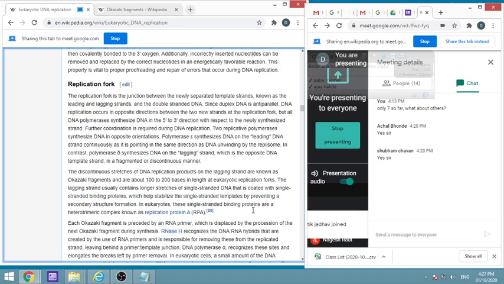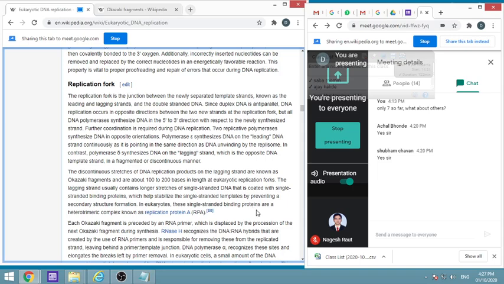Therefore scientists say that replication is a semi-continuous process. Why semi-continuous? Because one strand is continuous and the other is made in portions.